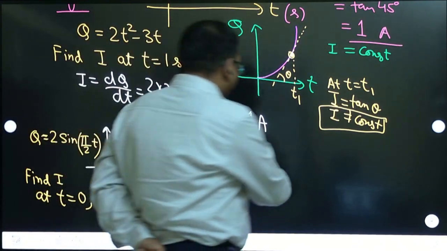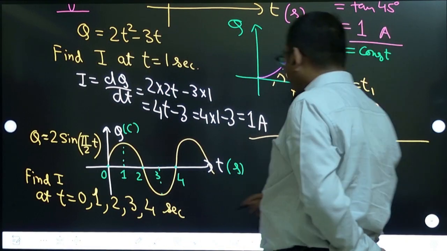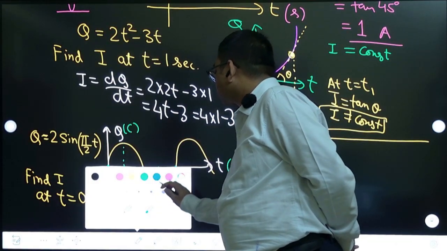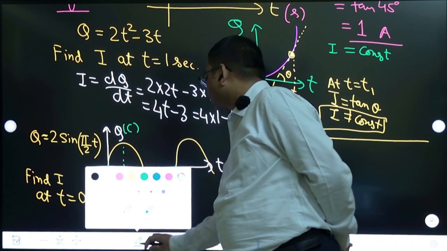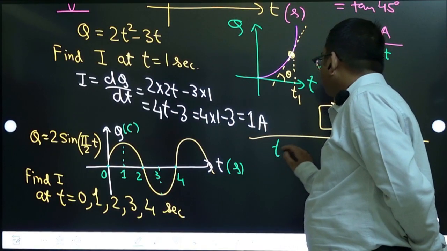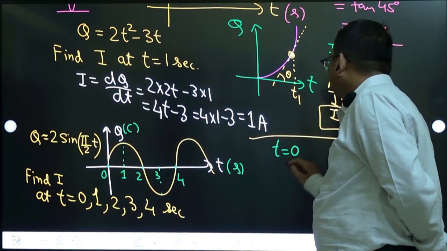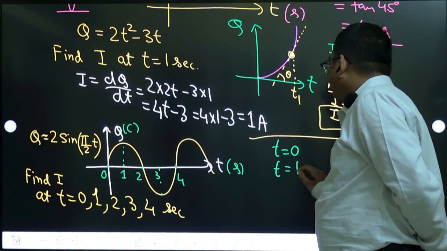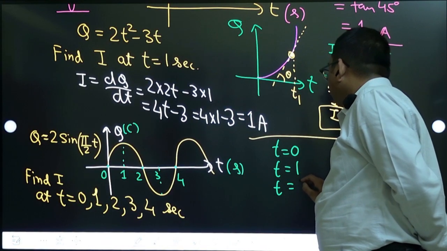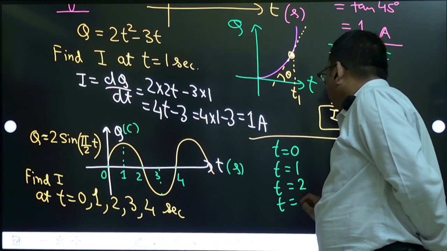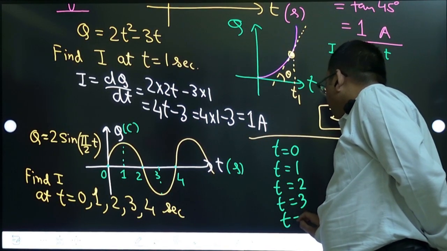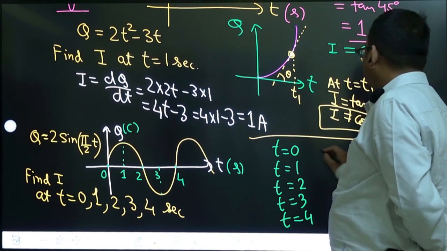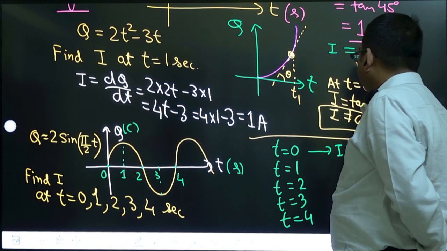So tell me the values. I will write it here. Time 0, time 1, time 2, time 3, time 4. What is the current here?